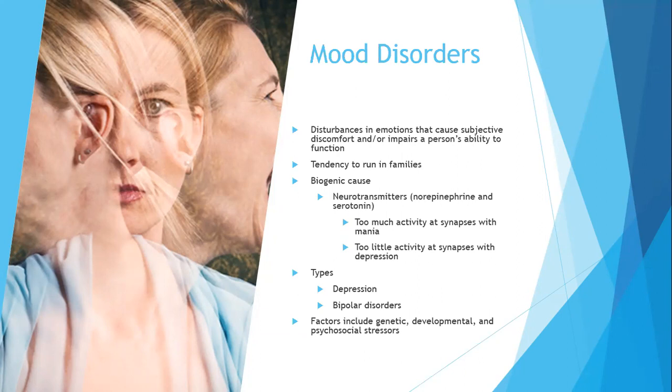If there's too much activity at the synapses, that results in mania, and we'll talk about what that is. Too little activity results in depression. So the two types that we're going to talk about are depression and bipolar disorders. Factors in mood disorders include genetic, developmental, and psychosocial stressors. So obviously multifactorial.